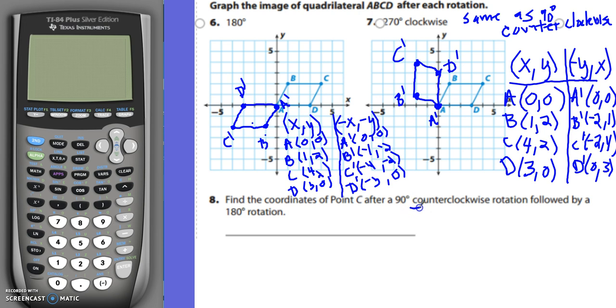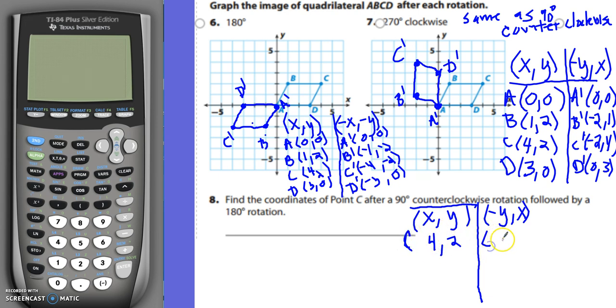So first, 90 degrees counterclockwise is -Y, X. So that is going to be C, which is 4, 2. C prime is going to be -2, 4.